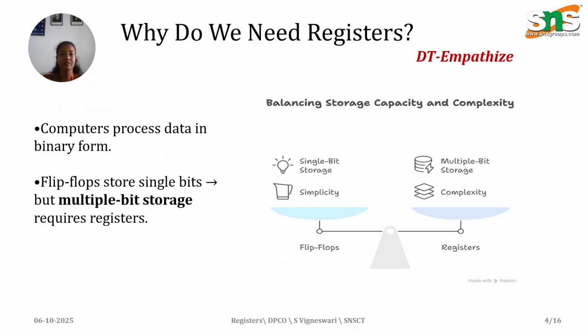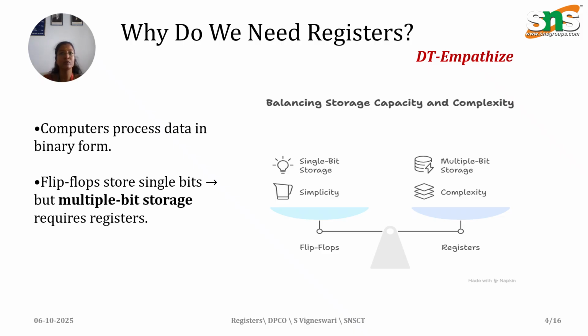So why do we need registers? A flip-flop is able to store only one bit of information, properly organized and in sync with the clock pulse. But a computer does many data processes, right? So we need some data to be stored temporarily for performing certain arithmetic and logical operations.